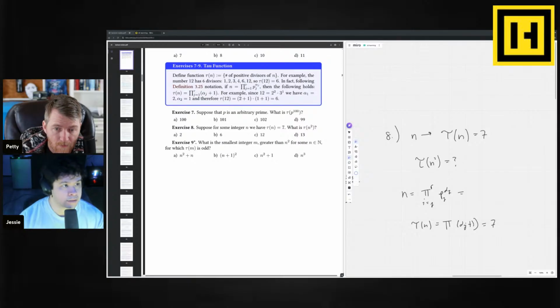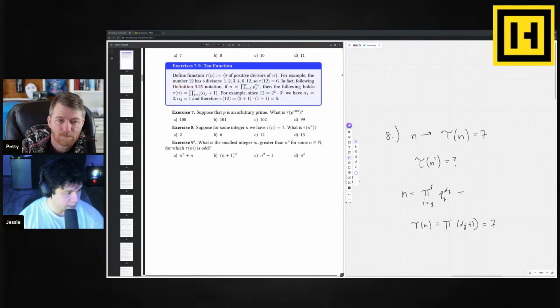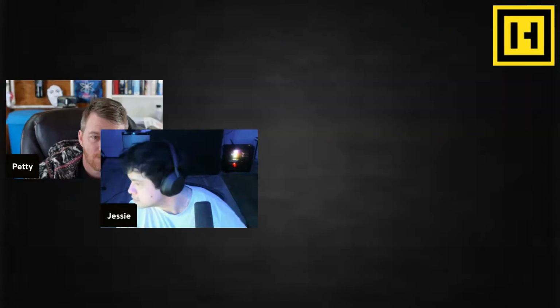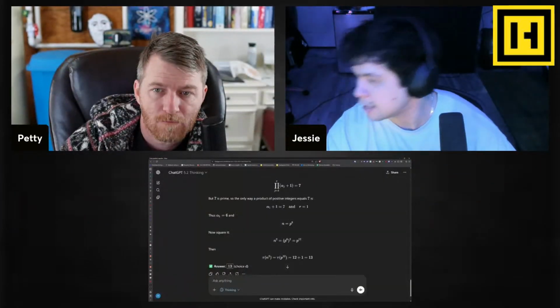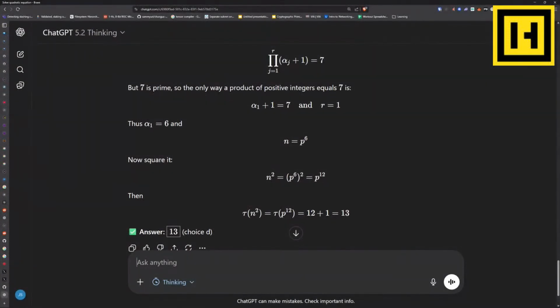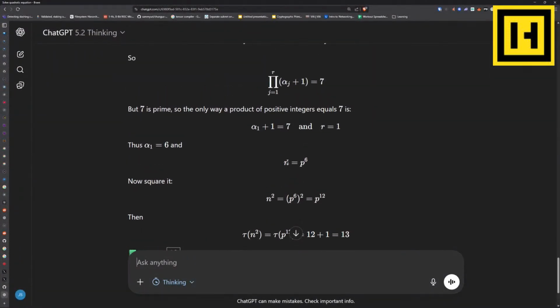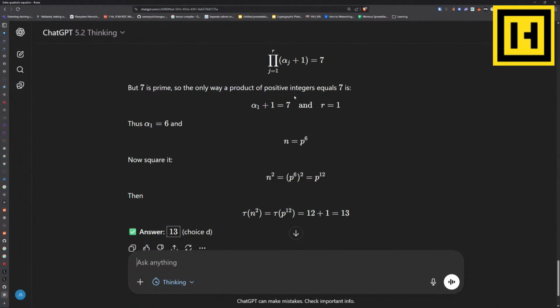Share your screen. Yeah, here. I'm just going to put it here. Yeah, you got it? There you go. So they're basically saying the product is 7, and then it's alpha 1 plus 1.